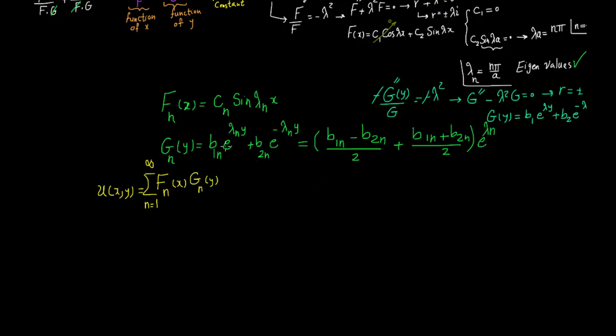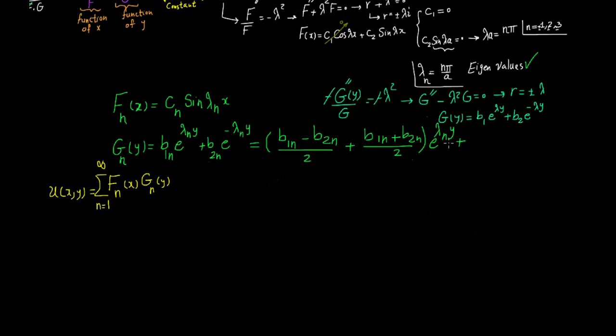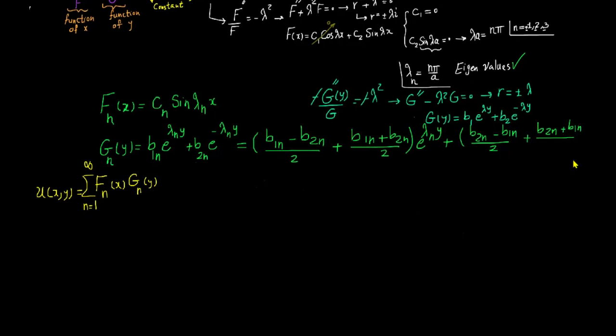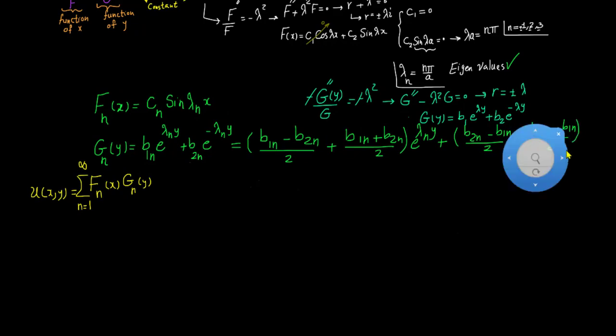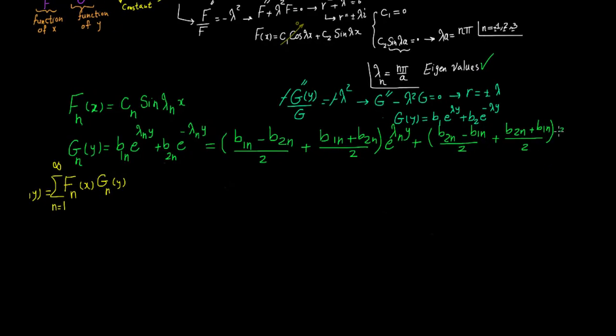You will see shortly why I'm changing this in this format. And for the similar second term, b2n, I can write it in the form of b2n minus b1n over 2 plus b2n plus b1n over 2, quantity times exponential of negative lambda n times y.